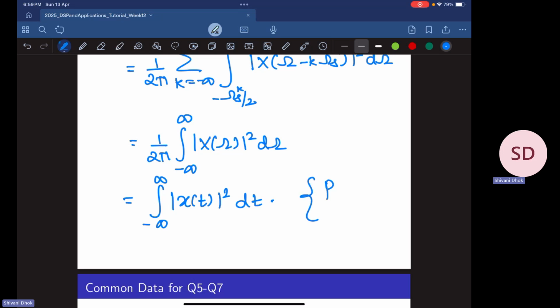Again, this is Parseval's theorem, and this is Parseval's theorem for the continuous time Fourier transform.